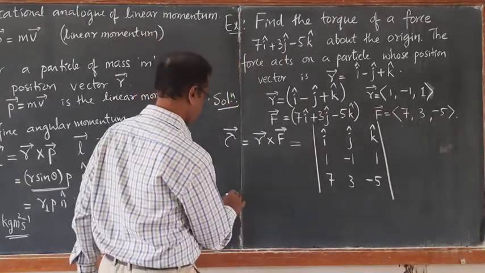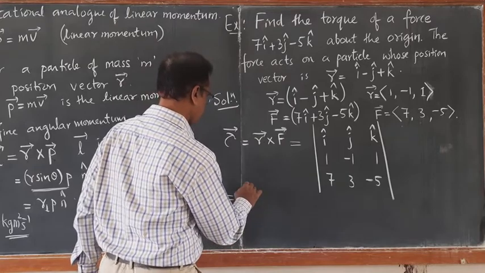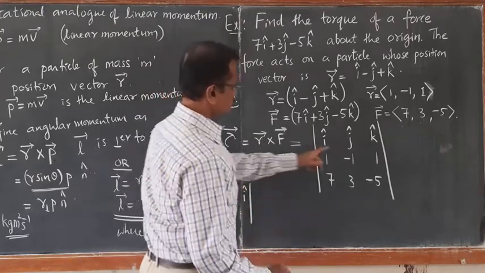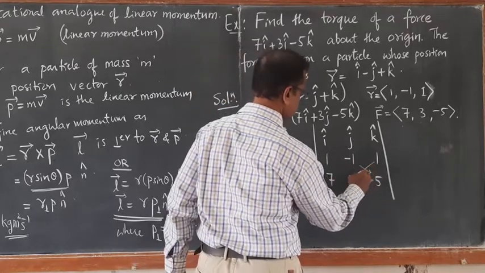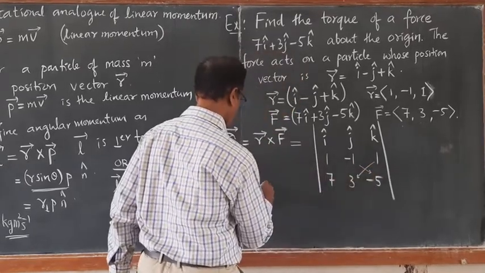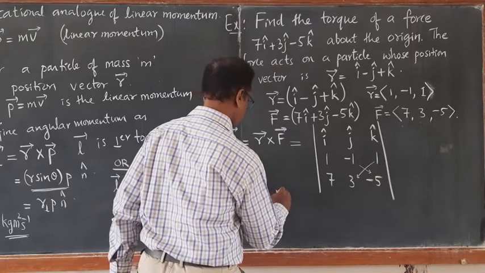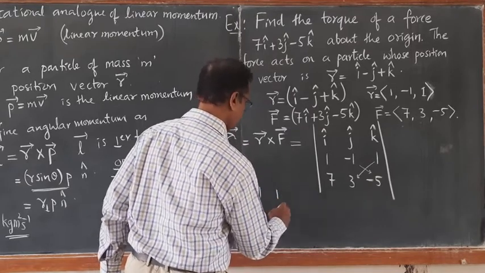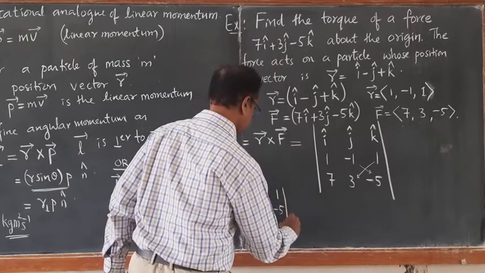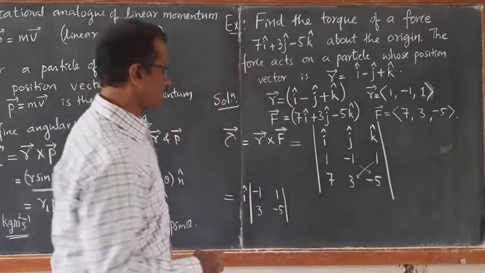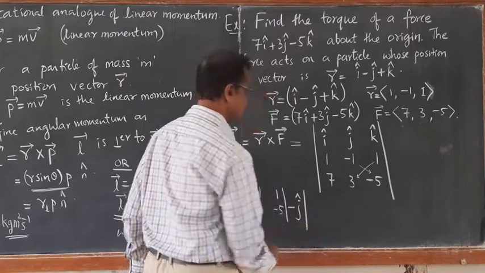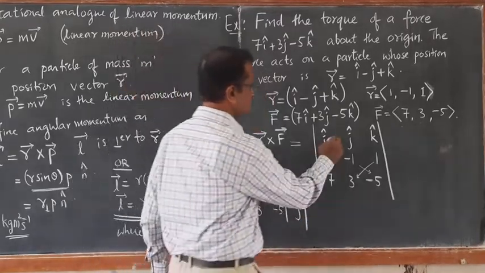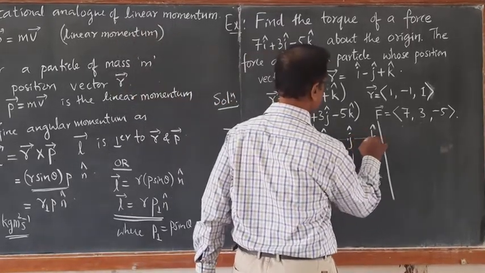So one more step, if you want, I can write one more step. i times minus 1 into minus 5 minus 1 into 3. So this is i. Then next, minus j, leave the first row and second column.